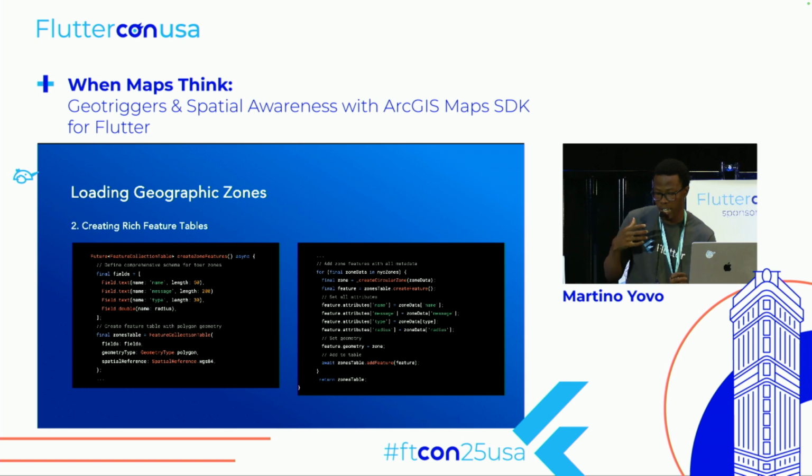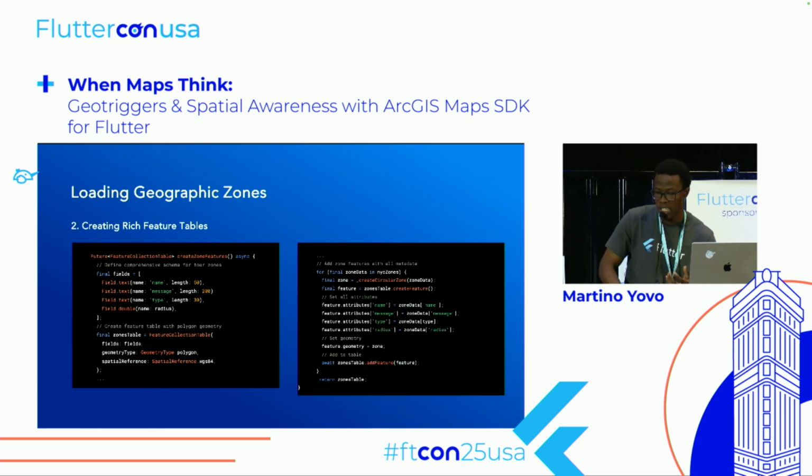When you want to create a feature collection table, or a zone, you will use the feature collection table class. When you use it, you will pass it the fields you already defined, using the JSON, or like the area that we already saw.